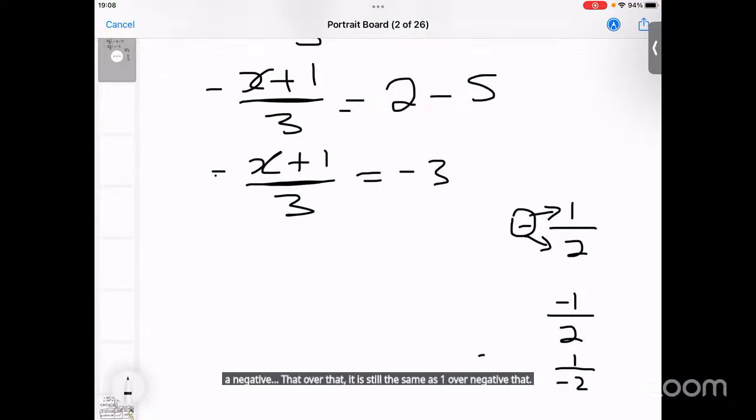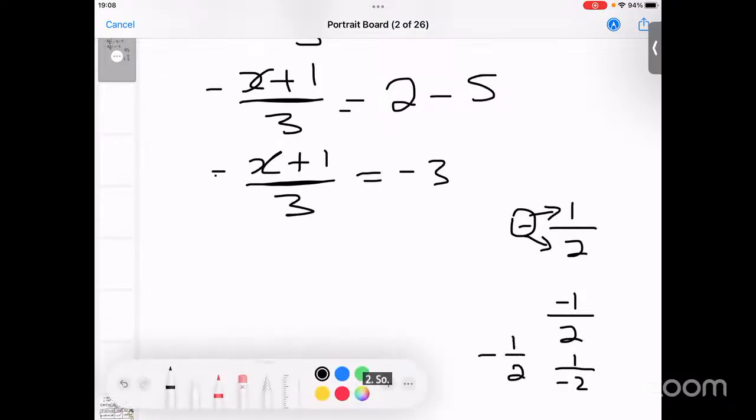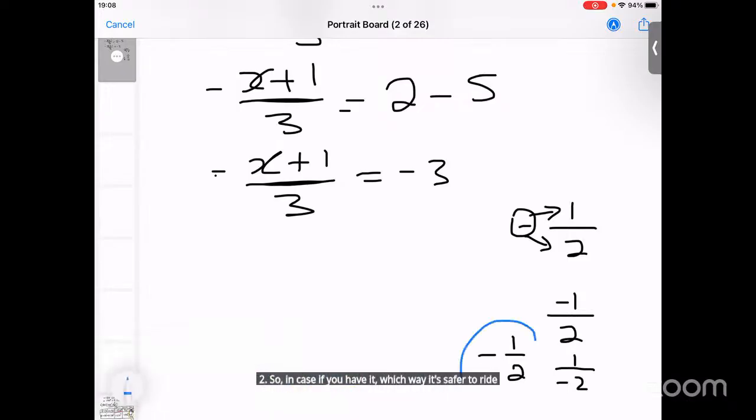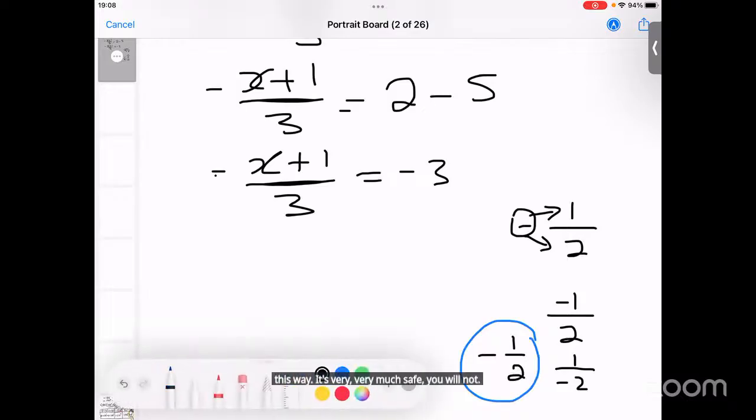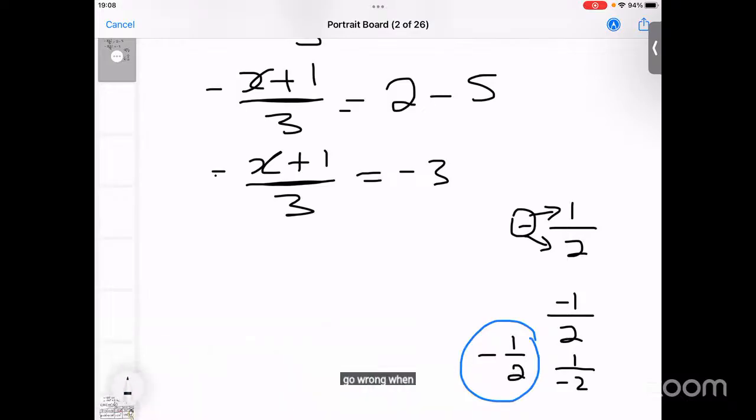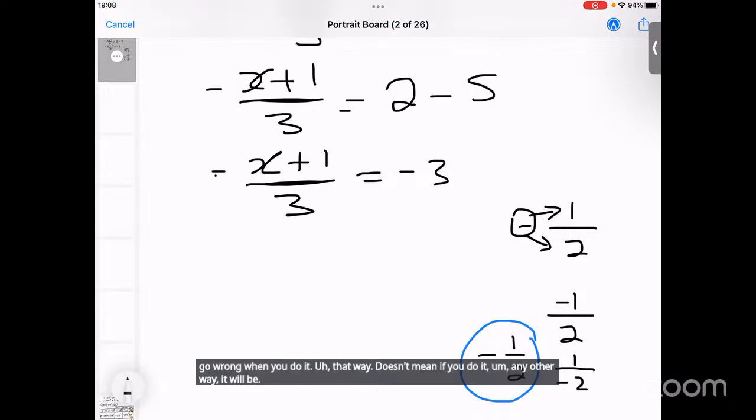It is still the same as negative 1 over 2. So in case you have it, which way is safer to write? Always write it this way. It's very, very safe. You will not go wrong when you do it that way. Doesn't mean if you do it any other way, it will be wrong.